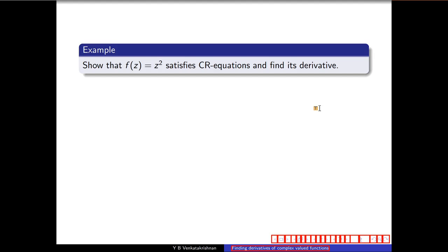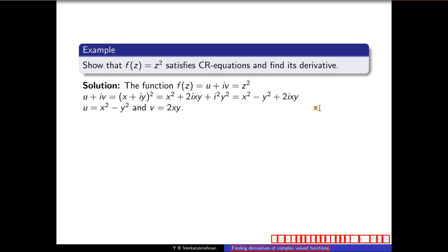But of course, how do you get this mathematically? You have to remember the formula for f dash of z, and from that when you integrate you get the required value of f of z. So in this case, first we will verify whether this function satisfies the CR equations. In order to verify the CR equations, you have to separate the real and imaginary parts of the function z squared.